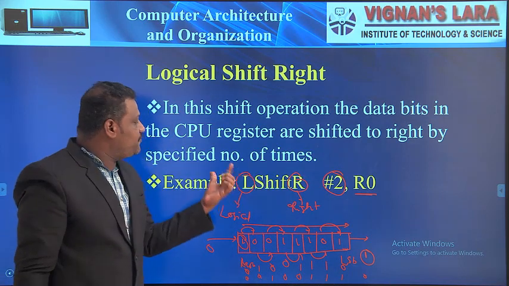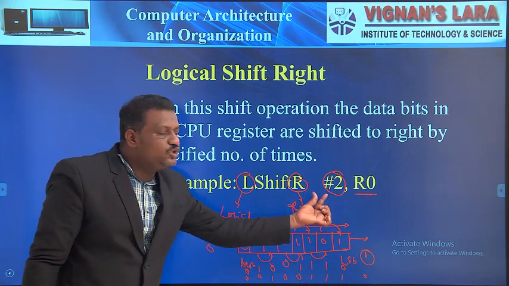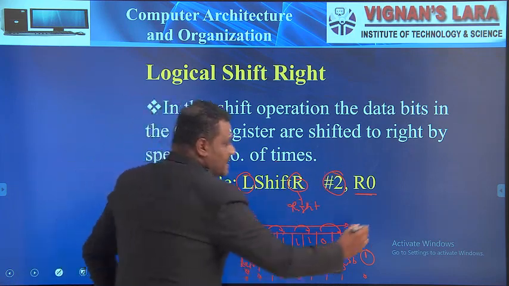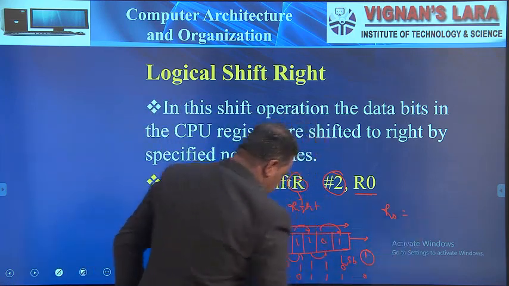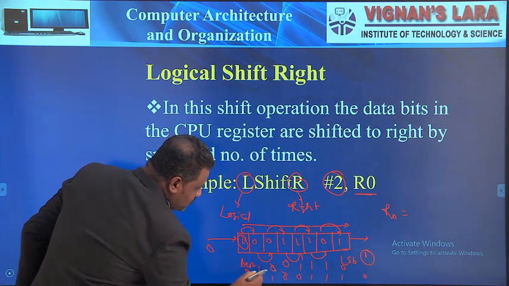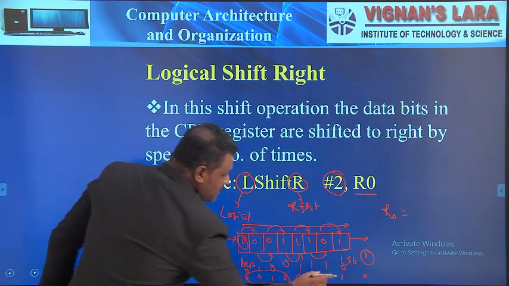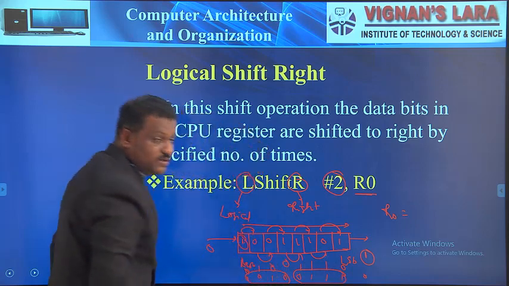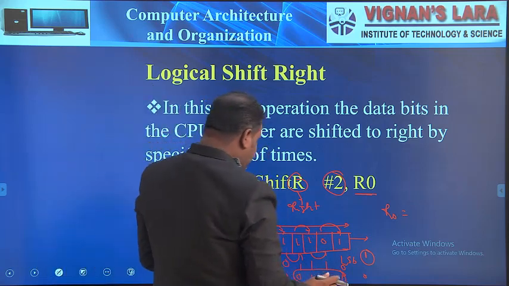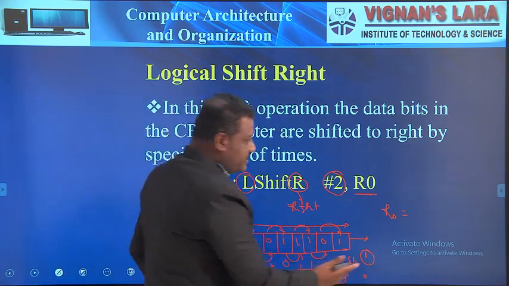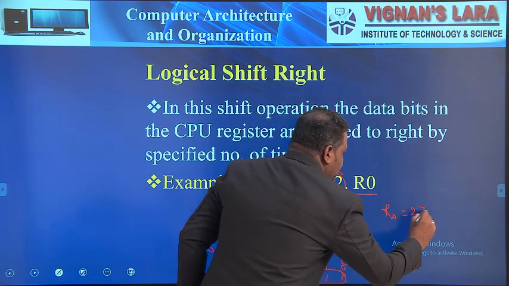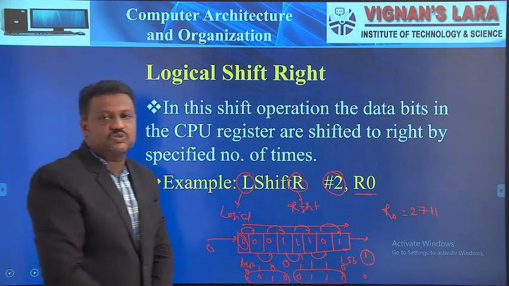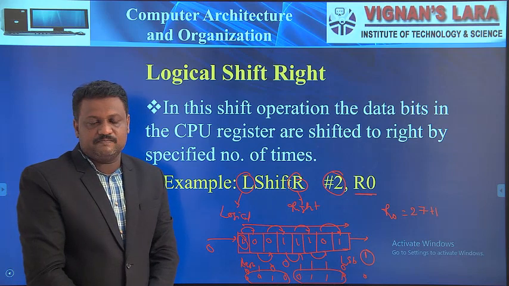After execution of LShiftR #2, R0, the content of R0 is equal to 0010 1110, which is equal to 2E. That means after completion of this instruction execution, the content of register R0 goes to 2EH.